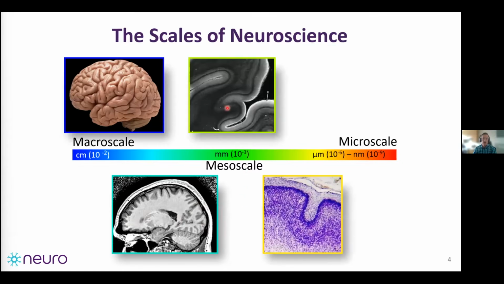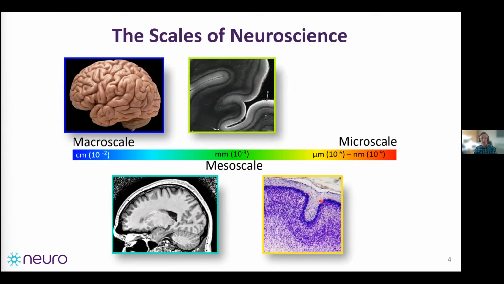With histology, we get towards the mesoscale. So it's getting sub-millimeter resolution into the micrometers, and up top we have a myelin stain where we see this nice striping and layer dependence of myelination across the cortex, where the darkest region in the middle is the white matter and the outer region is the cortical gray matter.